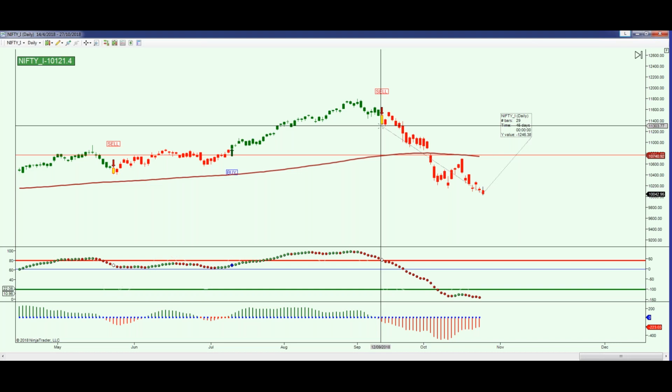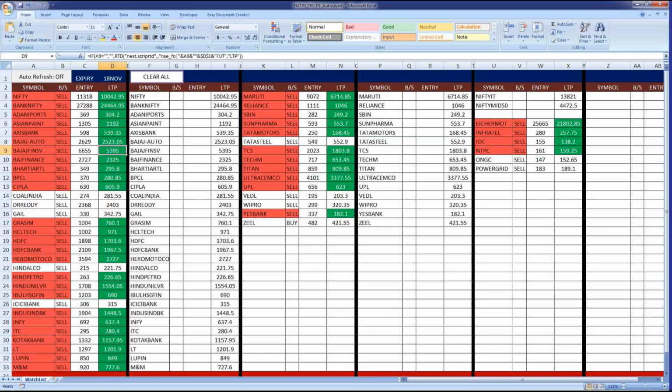I will anyway be posting the entry prices. I'll just show you the entry prices. Here are the entry prices. You can see here, Nifty sell 11,318.